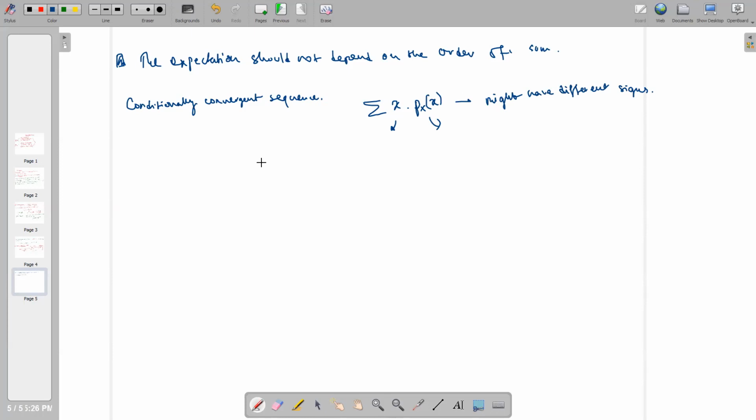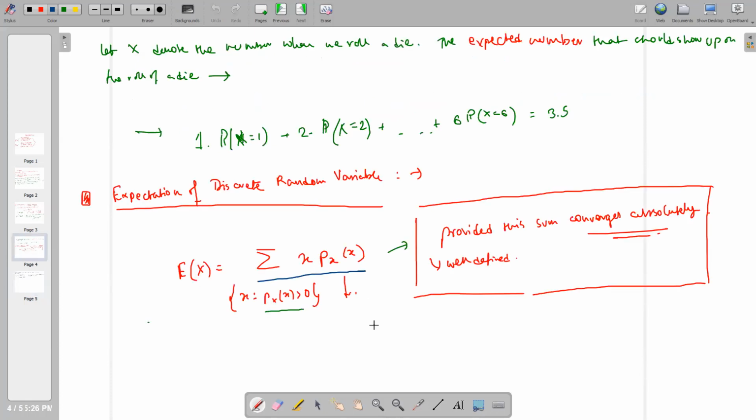So then the order will matter, which we do not want. Then we will have different expectations, depending on the order. So that is why we need this. This is very important that we need this sum to converge absolutely.